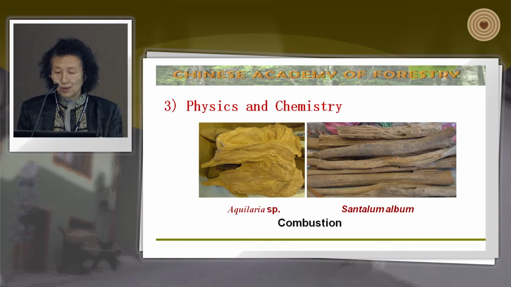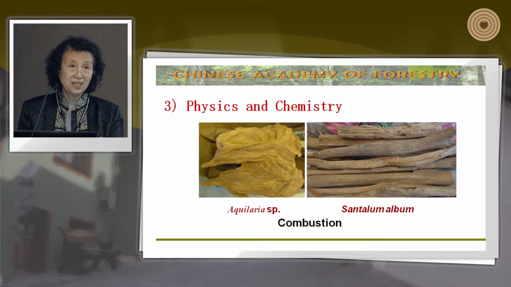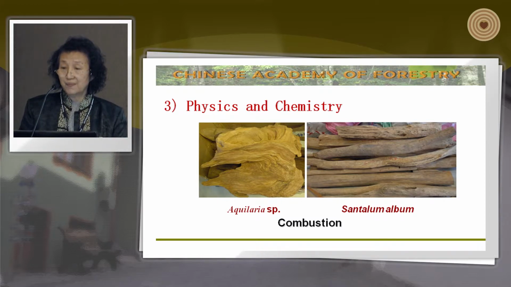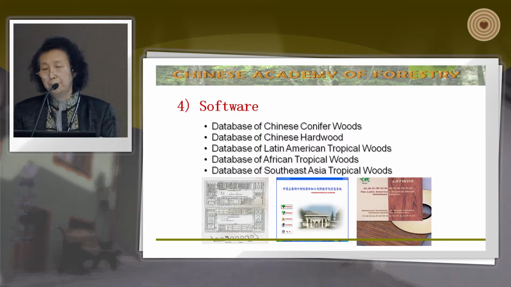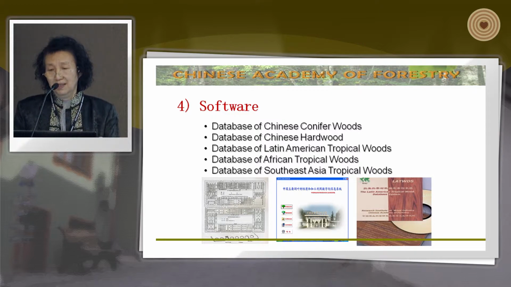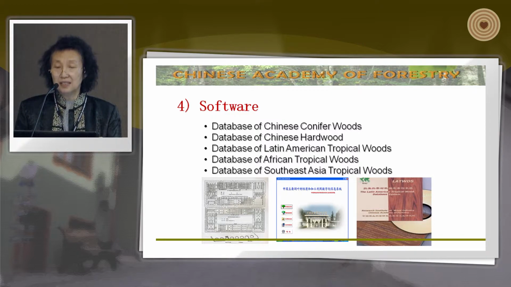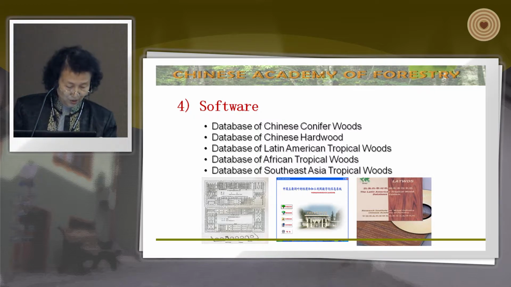So we can use the combustion method, then get a very mild smell, then adding them. The third one is to use the software. The database of Chinese conifer and hardwood has been established, and also the databases of Latin American tropical timber, African tropical wood and Southeast Asian tropical timber.